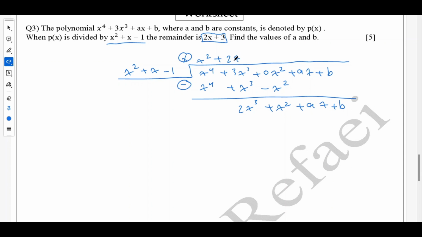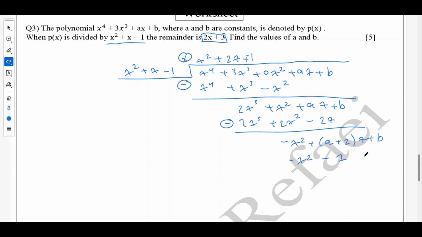Plus 2x, 2x cubed plus 2x squared minus 2x. Negative x squared plus a plus 2 x plus b. Plus 1, negative x squared minus x plus 1. And the remainder is 2x plus 3.